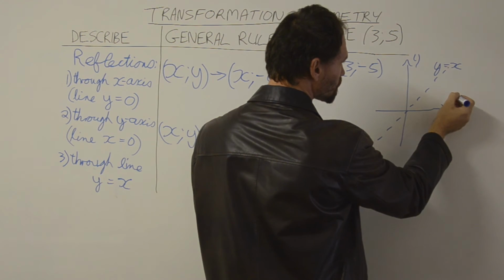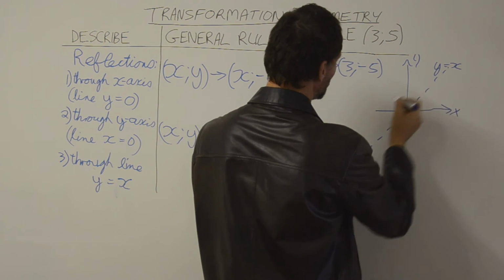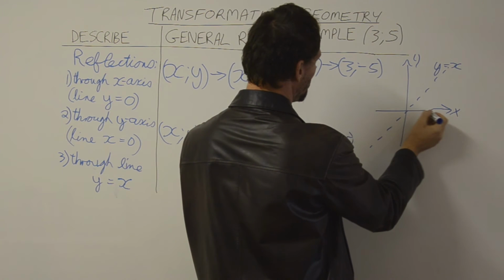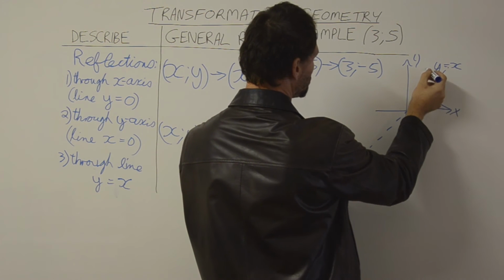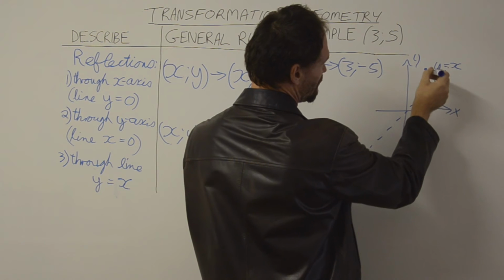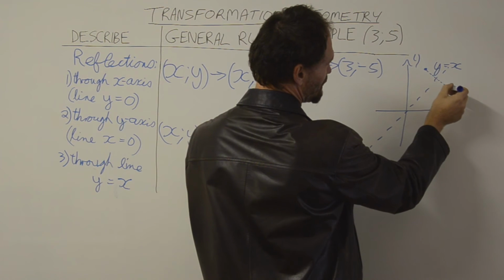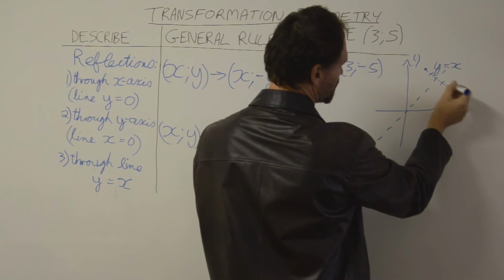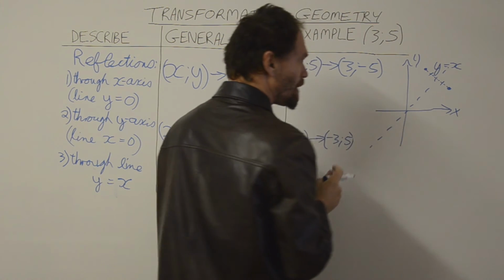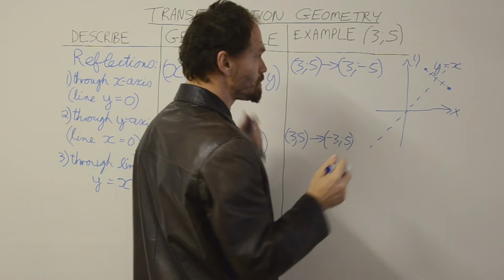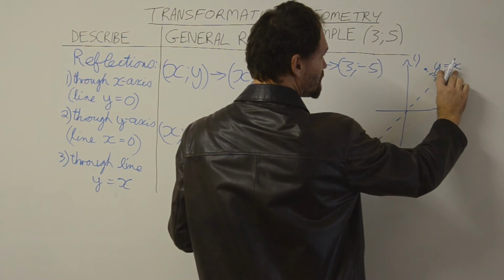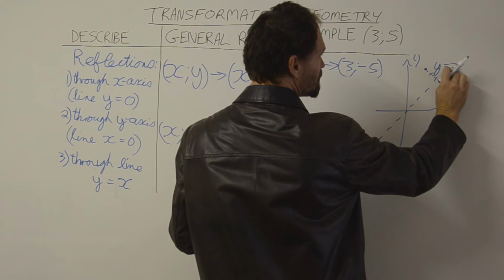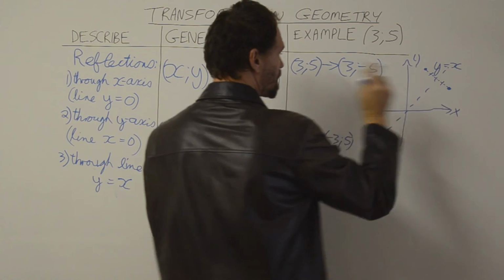So whatever I do, let's say I have the point 3 and 5, which would lie somewhere up there. Then it would reflect perpendicularly across, same distance on both sides, to there. Now, what happens with the reflection in the line y equals x is that, just as it says, y becomes x and x becomes y.